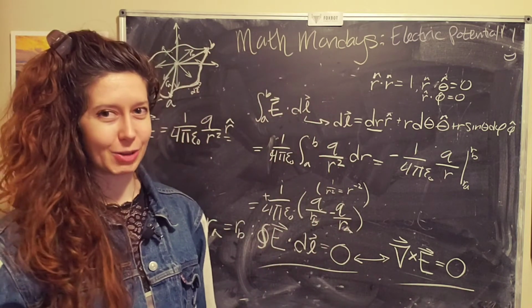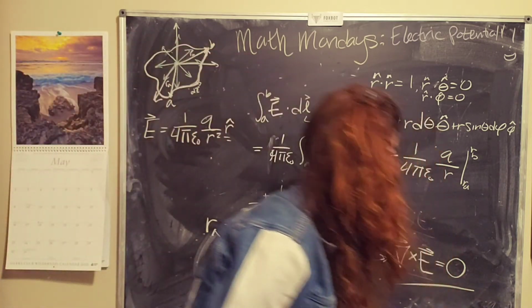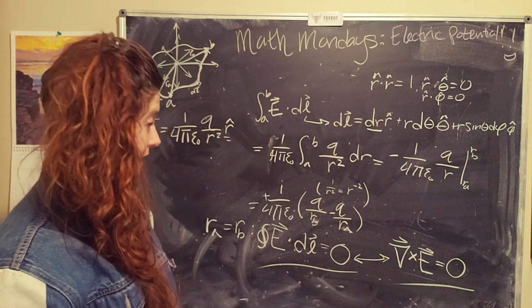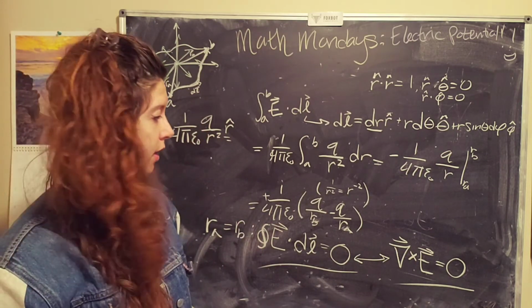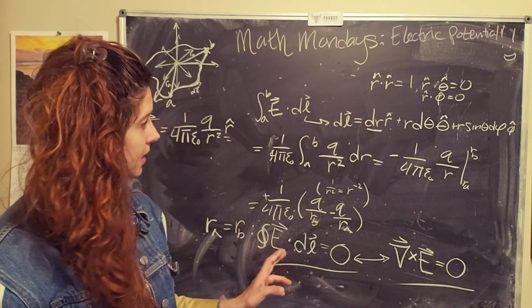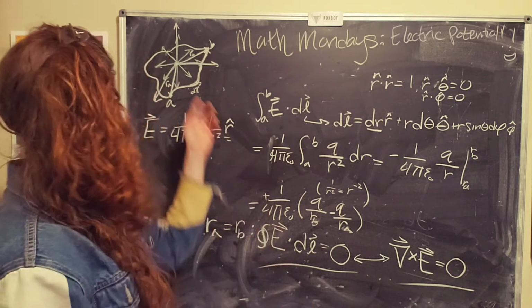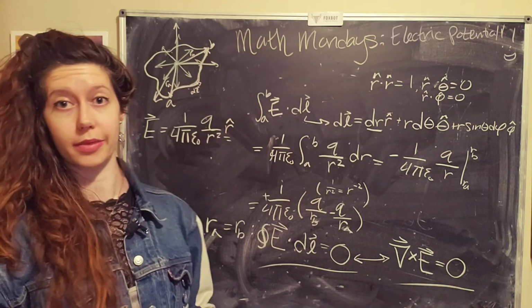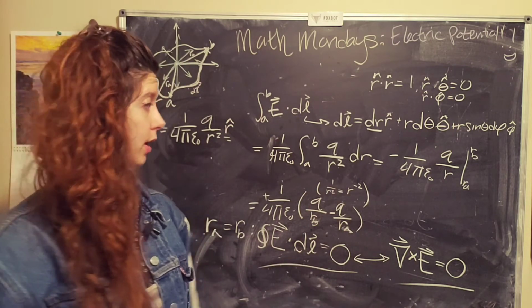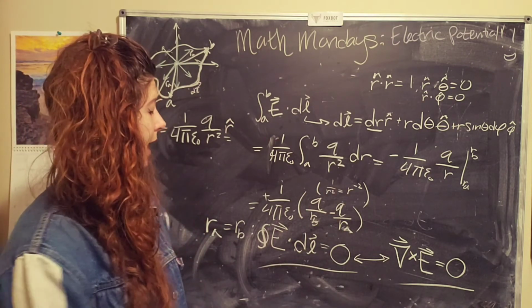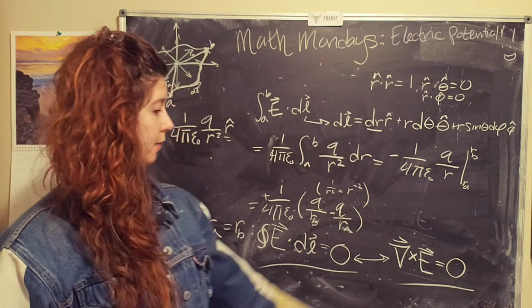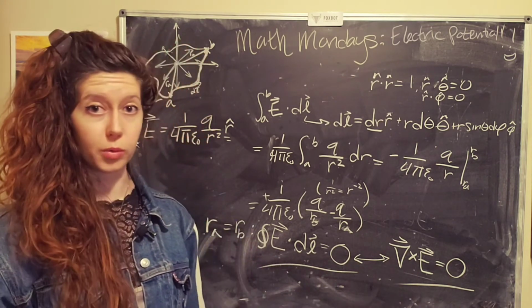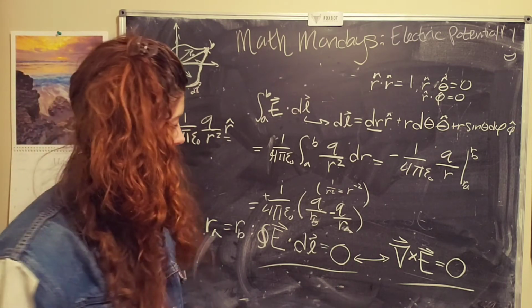Well, wait a second, you might be saying, you only did this for a very specific case of 1 point charge at the origin. Fair enough, but it actually doesn't matter where you put the charge. You could put it somewhere else, you will still get this result. And because of superposition of the electric field, you can also show that it holds for many charges.